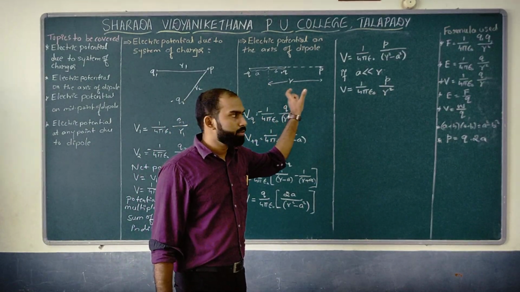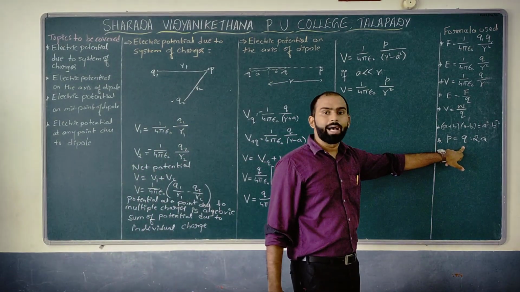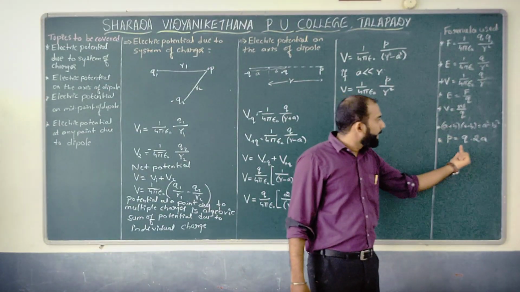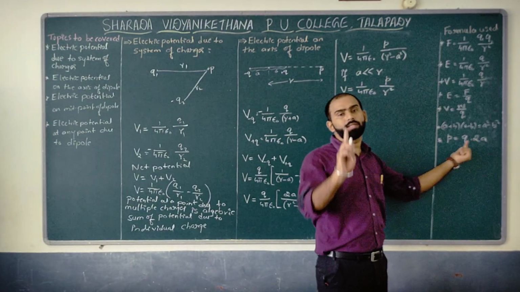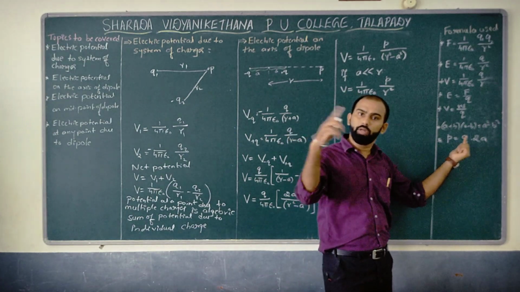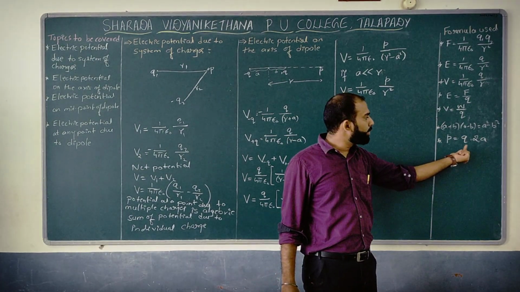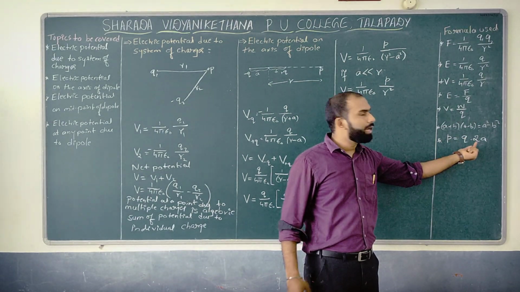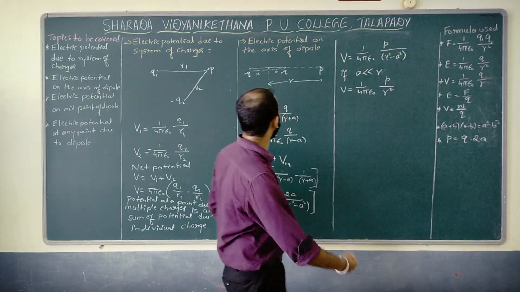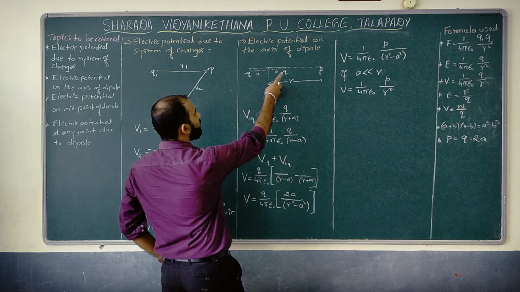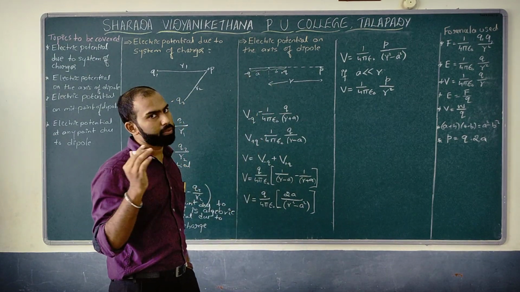Are you getting? As per the definition, it is the product of either charge. It could be plus q or it could be minus q. So that's why I have taken q over here into length of a dipole. What should be the length of a dipole over here? Obviously, it is 2 into a.